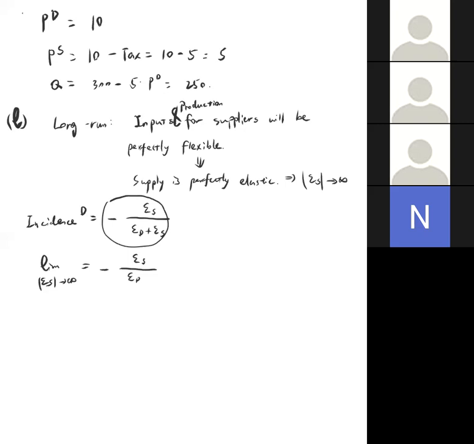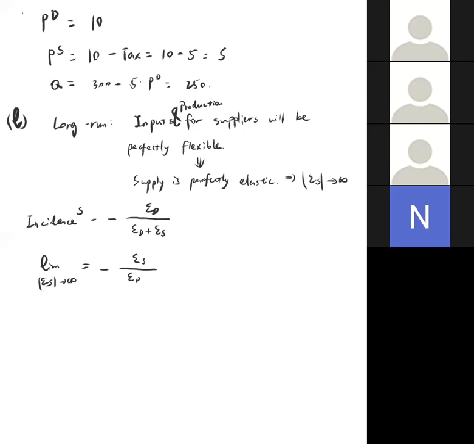Let's look at epsilon s. For the supplier, their tax incidence will be epsilon d divided by epsilon d plus epsilon s.